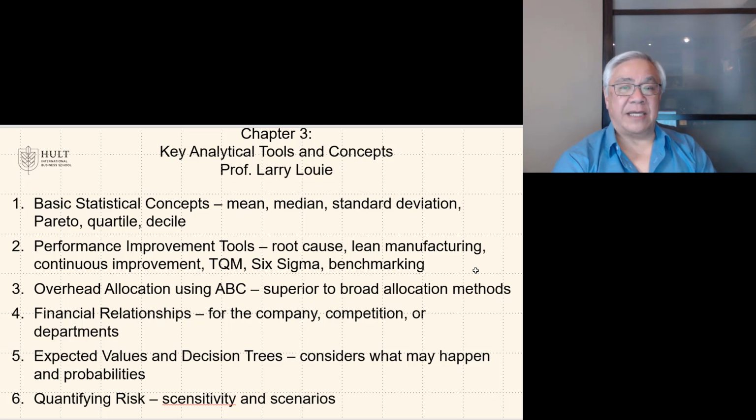Then we saw financial relationships that show profitability, productivity, profitability per unit of capital, and these could be used for your own company as a whole, or a company against other companies in the industry, or across different industries, or within a company for its products. So these ideas of gross margin or operating income or asset utilization, these are concepts that go across all of these, from companies to products to competitors.